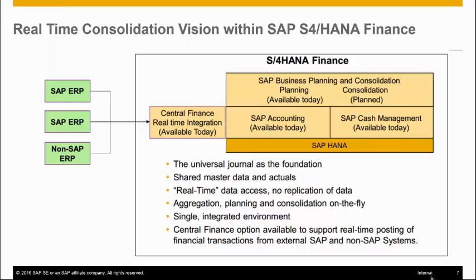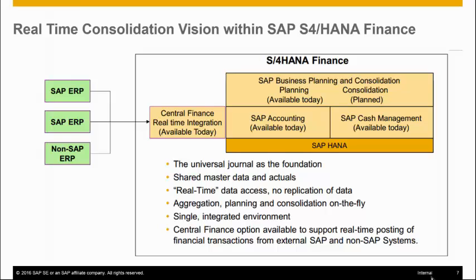So our vision is to expand that into the consolidation part. This is also the real-time consolidation topic we would like to do. You will see a list of benefits or value points this architecture can bring to customers. But to achieve this, the first step will always be BPC consolidation on embedded model.